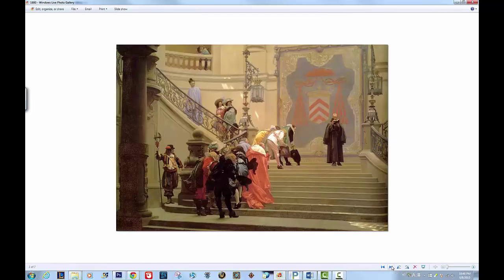So let's look at how these 19th century master painters used composition. Not necessarily the rule of thirds or the golden ratio, but the picture has enough elements to move our eyes around, right? Obviously this painting is by Jean-Léon Gérôme, one of the Orientalists.